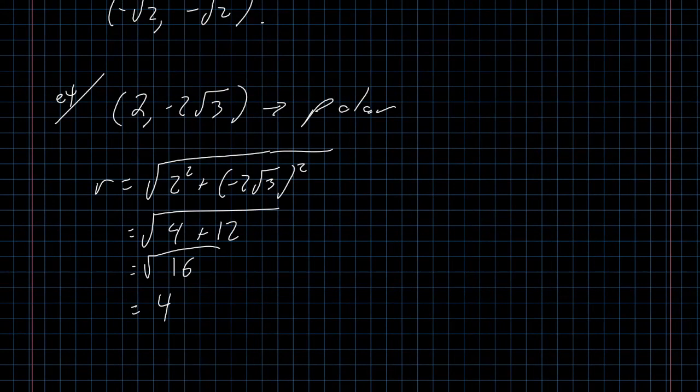And then to get the angle, the tangent of the angle in question is going to be the y-coordinate divided by the x-coordinate. And I'm actually getting a little bit ahead of myself.